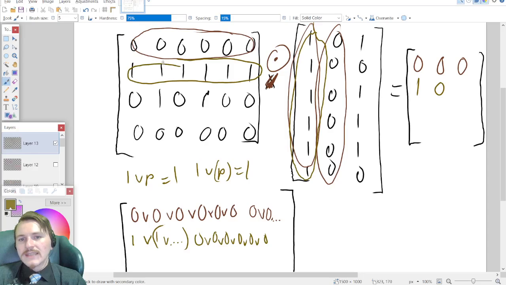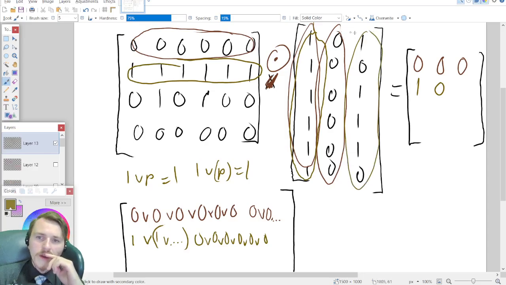But we can say that if the whole row is 1s and at least one item here is a 1, we'll end up getting a 1. So let's try this one right here. 1 and 1 is 1. Boom. Or whatever, it doesn't matter. We already got it. Next row.